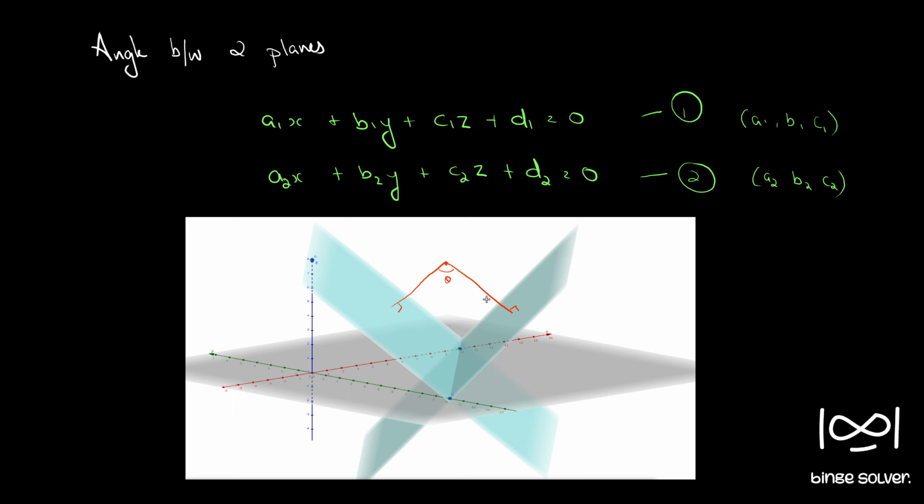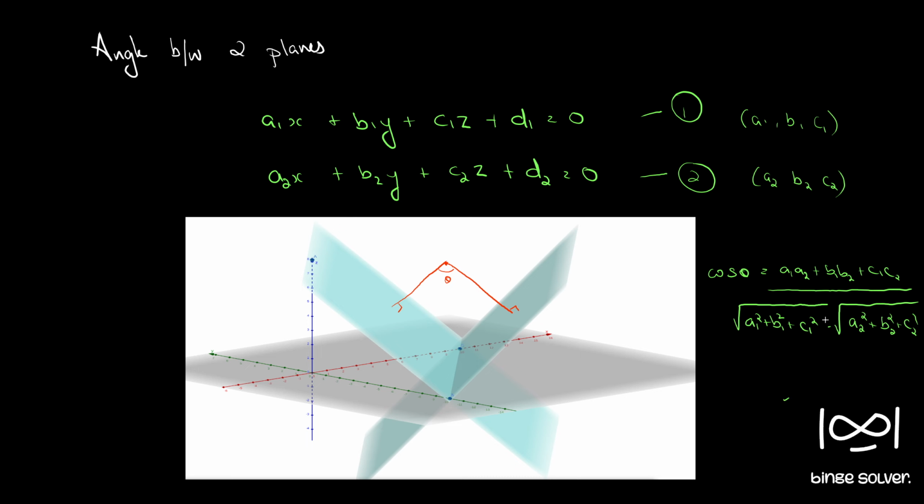So to find the angle between these two lines, now it's simple. We just need to use the formula cos theta is equal to a1 a2 plus b1 b2 plus c1 c2 by root of a1 square plus b1 square plus c1 square into root of a2 square plus b2 square plus c2 square.